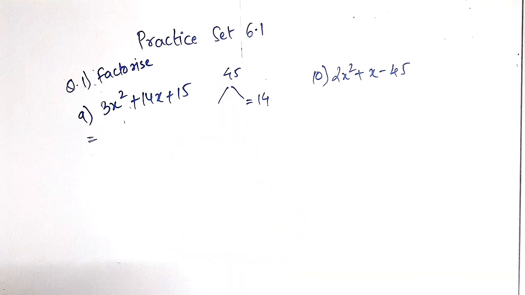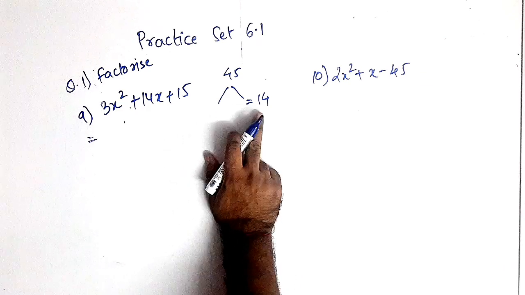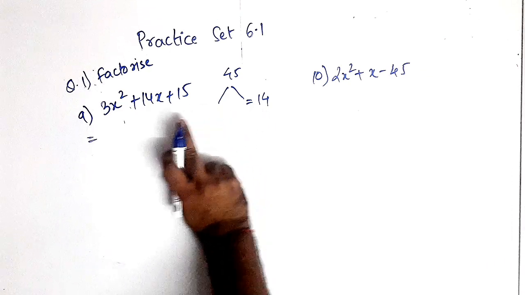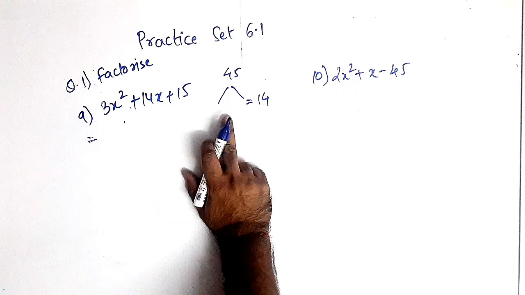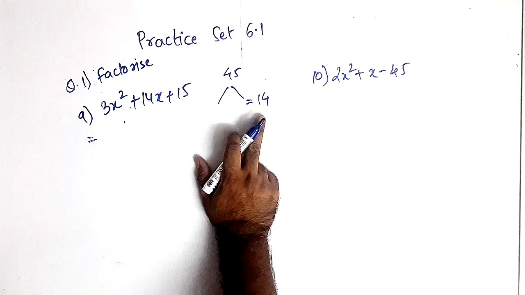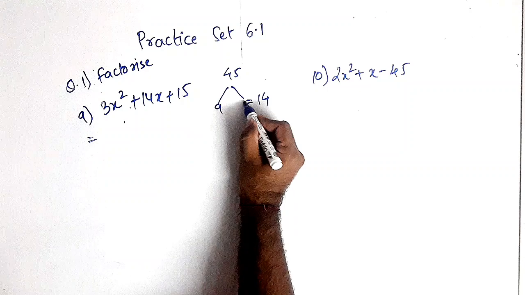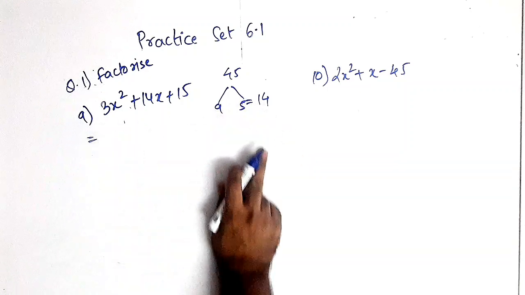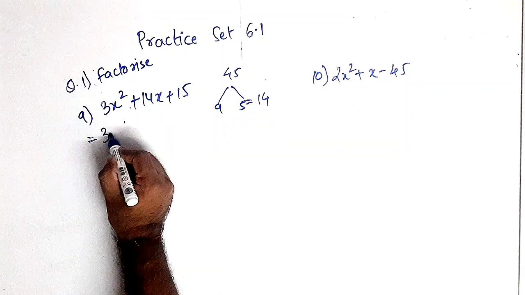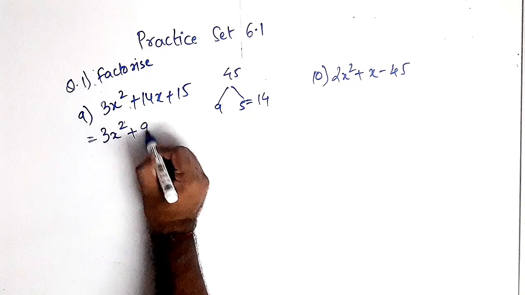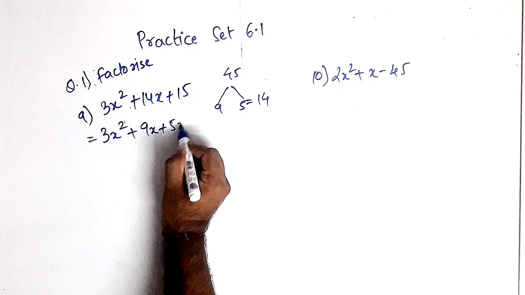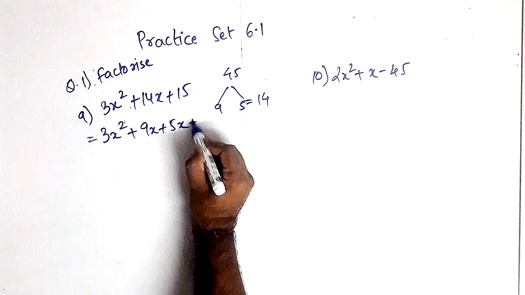It comes in the table of 3. 15 3s are 45, but I am not getting 14. Then I have 9 5s are 45, correct. 9 and 5 will give me 14. So 9 and 5, everything is plus, so no question of putting a sign. 3x square plus 9x plus 5x plus 15.